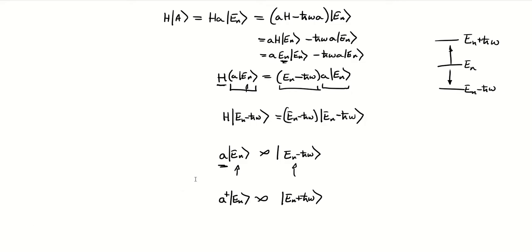Given some energy eigenstate, we can just use these raising and lowering operators to walk through our ladder of states, right? We could keep doing the lowering operator and moving down, the raising operator and moving up, and figure out what that whole spectrum is, but we need something to start.